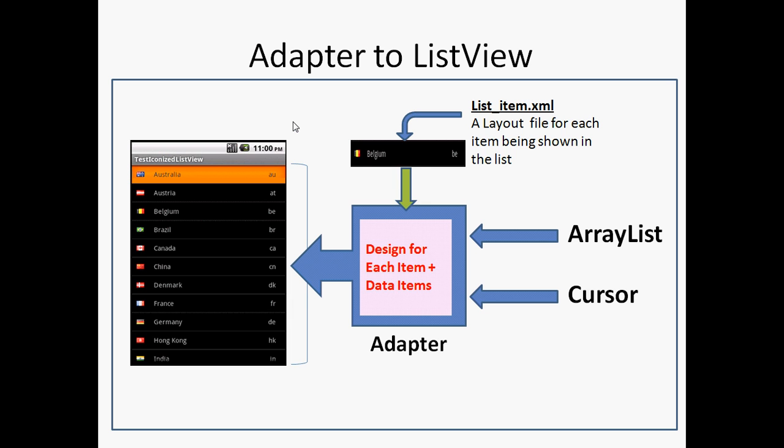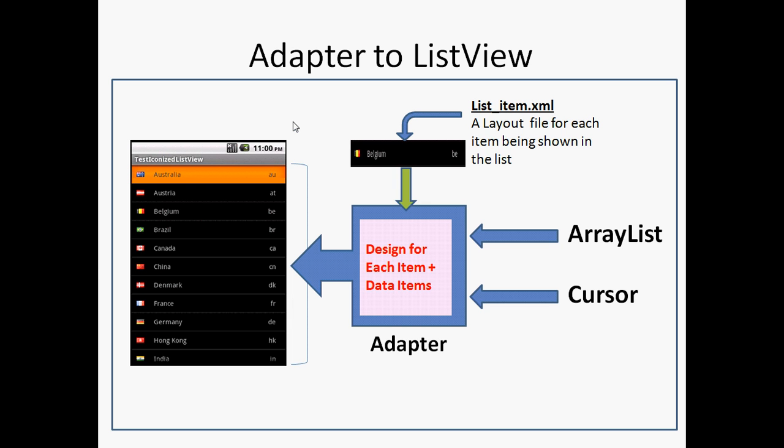Inside that list_item.xml file you have specified the image element as the first column. For the second column you have taken a text view element. The third column, the abbreviation, is of type string, so you have taken a text view again. So in list_item.xml you have an image element first, then a text view, and a text view.